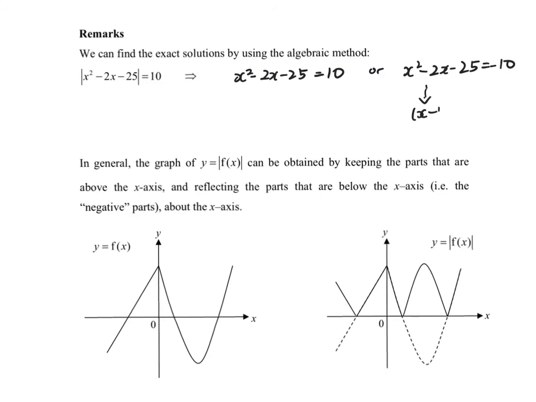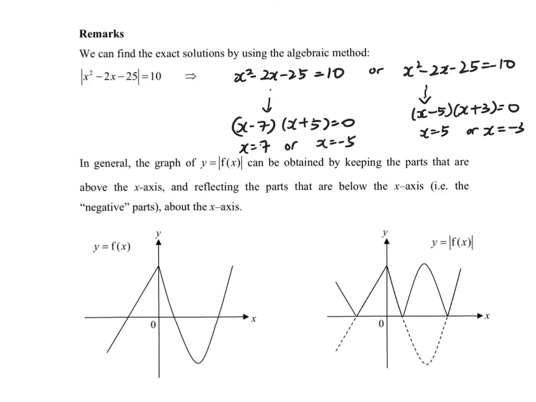You will get (x minus 5)(x plus 3) equals 0, and x equals 5 or x equals negative 3. Now solve the other one: you have (x minus 7)(x plus 5) equals 0, and x equals 7 or x equals negative 5. I will leave this to you, and you can see that 1, 2, 3, 4 is the number of intersections and the number of solutions that you've gotten.